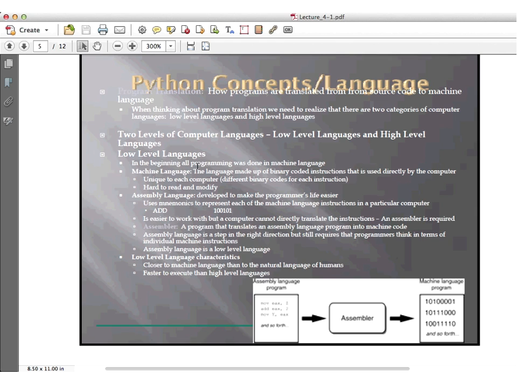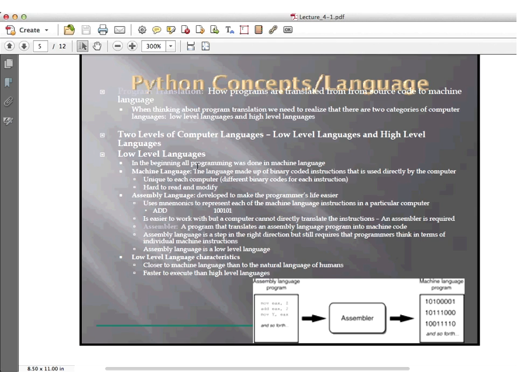That was a language that would make the programmer's life easier by having commands like add, some kind of mnemonics, where the word add represented a set of machine language instructions. Okay, and that's from which all the programming went from there. It's easier to work with, but a computer can't directly translate instructions. Something called an assembler is required to translate that program into machine language.